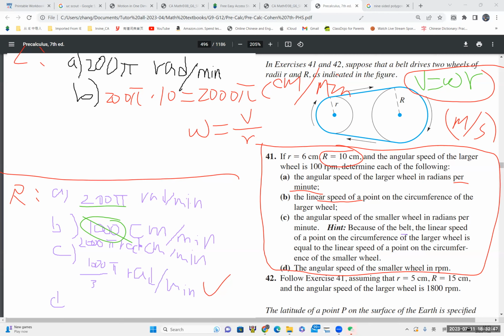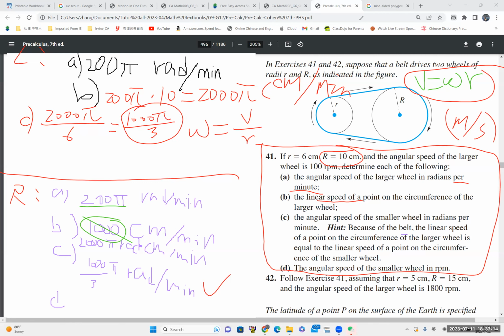So you have linear speed 2000 pi over r for this small wheel. It's 6. Then after simplifying, we get 1000 pi over 3.